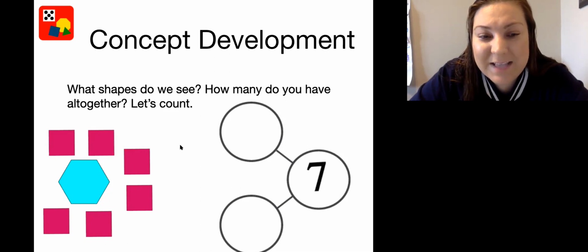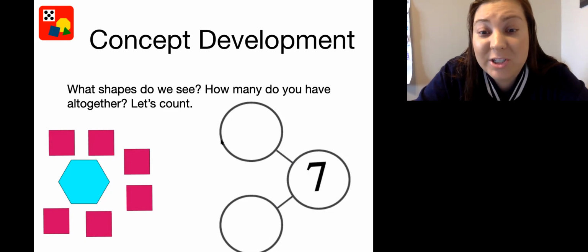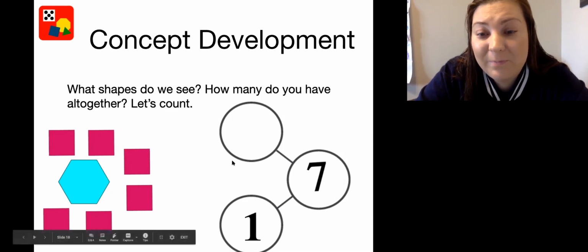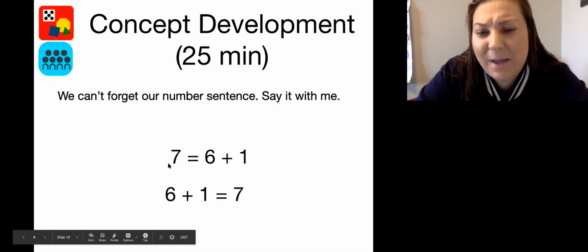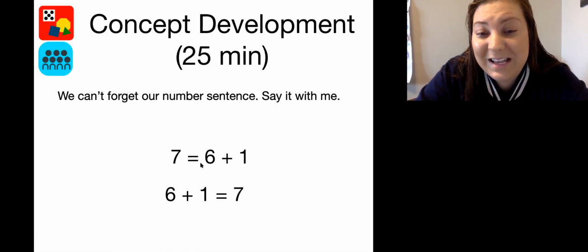There are seven shapes. How many squares do we have? Six. Very good. How many hexagons do we have? One. So seven is our whole, and the two parts are 1 and 6. So let's think about that as a number sentence. 7 equals, or 7 is the same as 6 and 1.